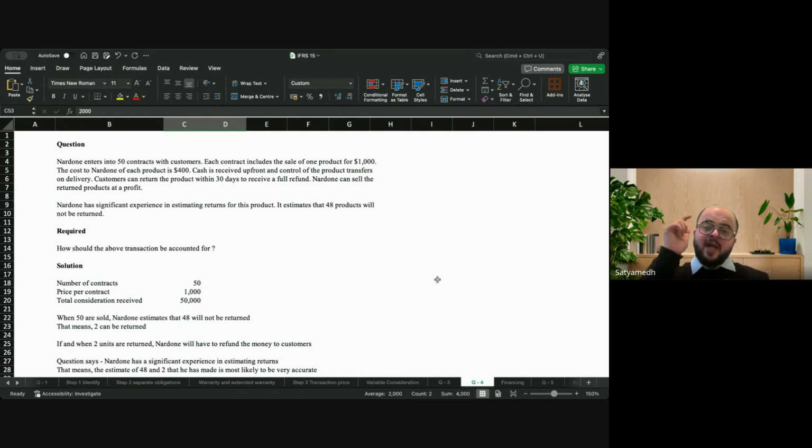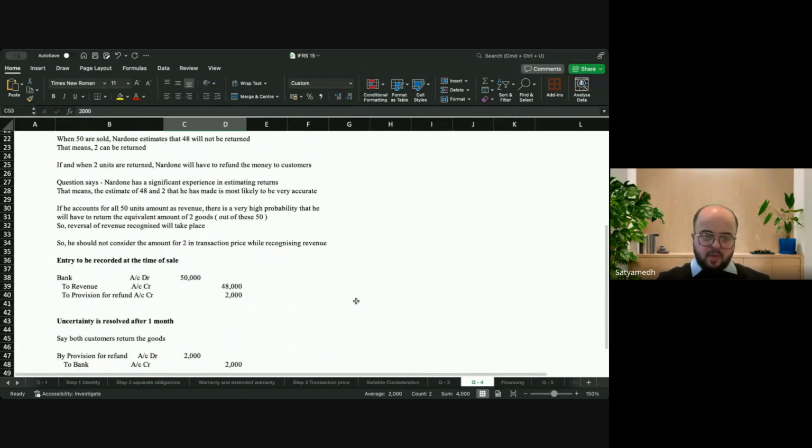So there is a high probability that the amount that you have received from the customers will have to be reversed in the future because past trend suggests that this will happen. So what Nardone will do in such a case is, although he has received cash for 50 units, he will not recognize the revenue on all the 50 units. He will recognize revenue only on 48 units in total.